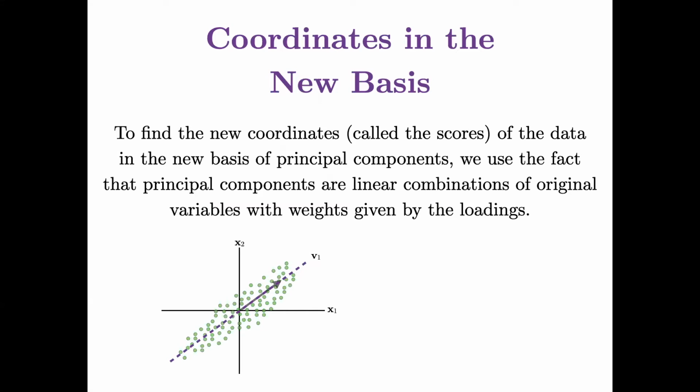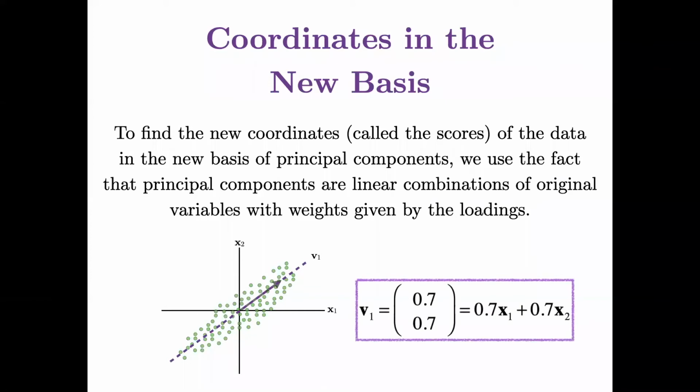We'll use the fact that principal components are linear combinations of original variables with weights given by the loadings. Now, this has a geometric interpretation, but it's not always helpful. Sometimes it's easier just for students to think about the fact that principal components are algebraic linear combinations of variables with weights given by the loadings.